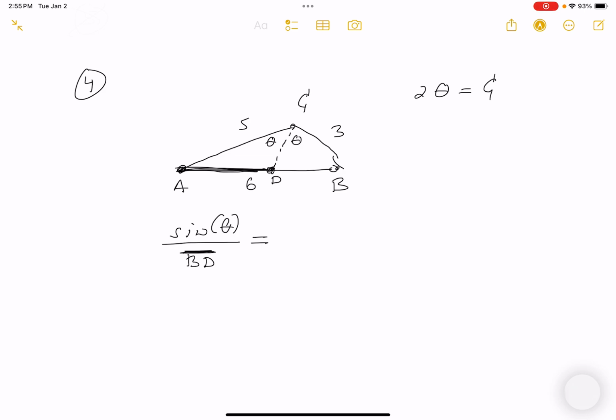here comes the tough part. I'm going to select something else. So I'm going to say the sine of the angle BDC. Now, what's the side opposite angle BDC? That would be 3. Okay, I got that.